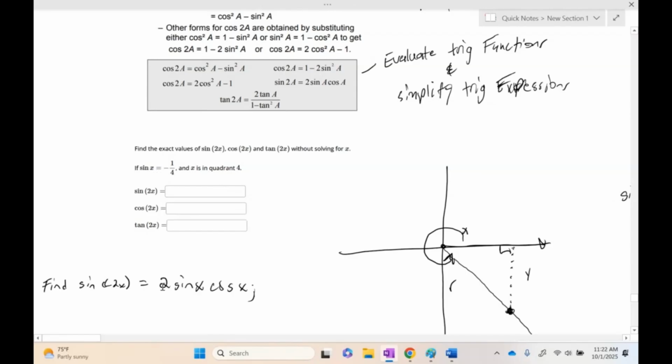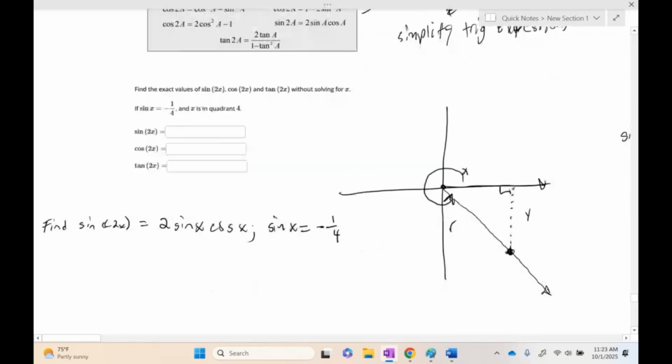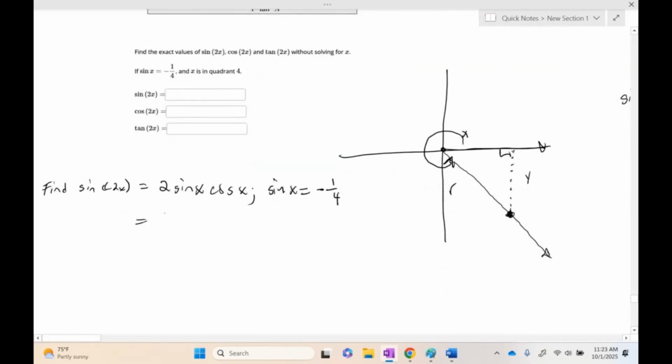In the problem, they give us the value for sine. The sine of x is equal to negative 1/4. So I'm just going to jot that in. So it's 2 times negative 1/4. The only thing I need to do is find the cosine for x. If I can find the cosine for x, I can just multiply all that out, and that would give me my double angle for sine.